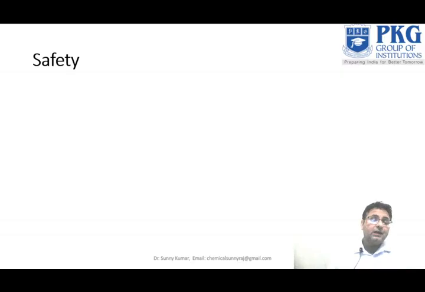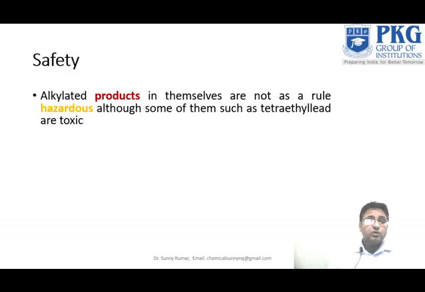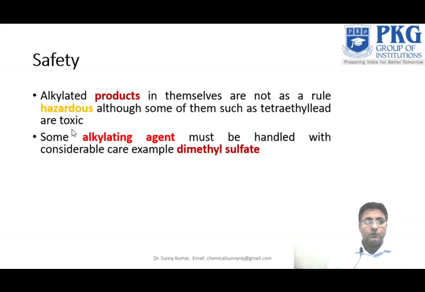during the alkylation reactions. Alkylated products in themselves are not as a rule hazardous, although some of them, such as tetraethyl lead, are toxic. Some alkylating agents must be handled with considerable care, for example dimethyl sulfate.